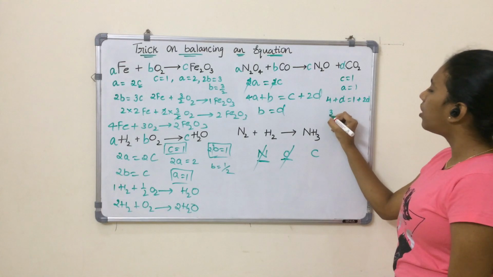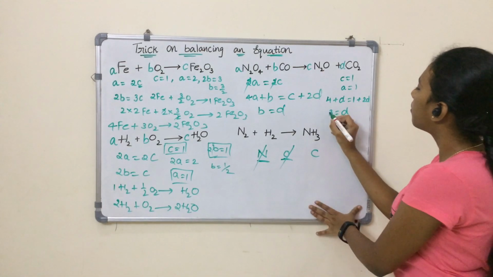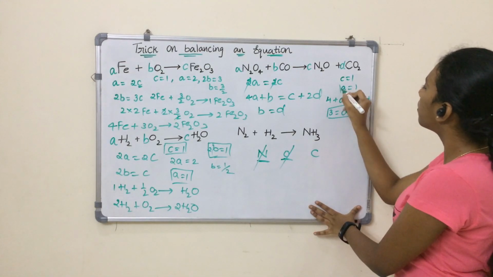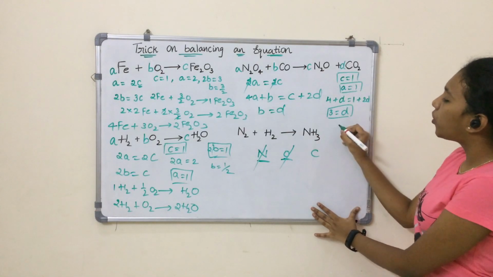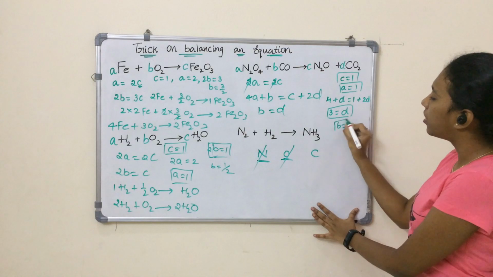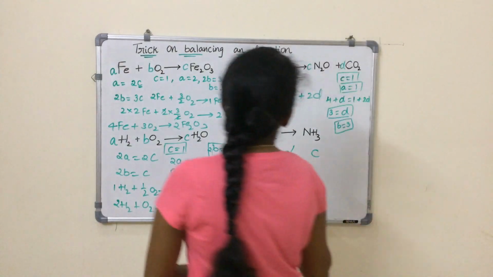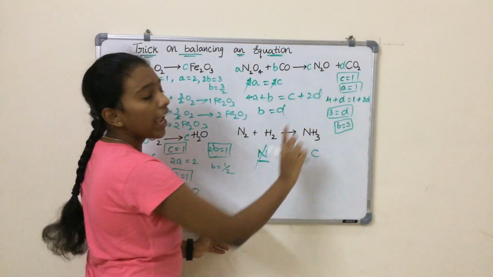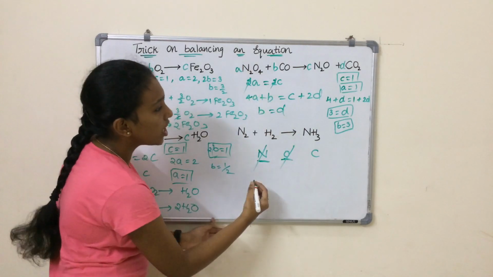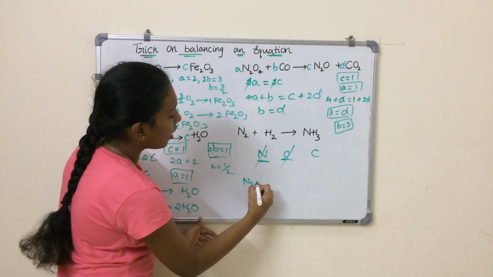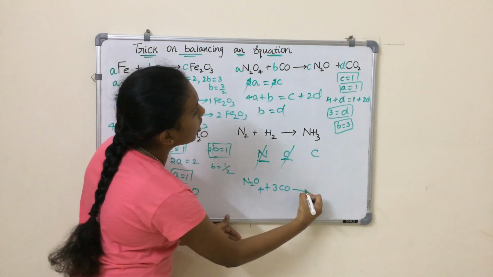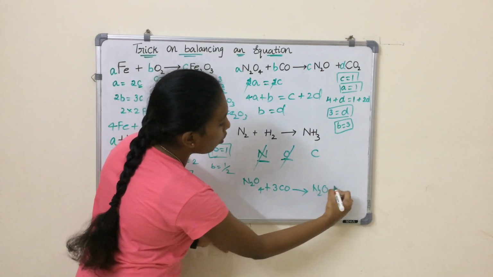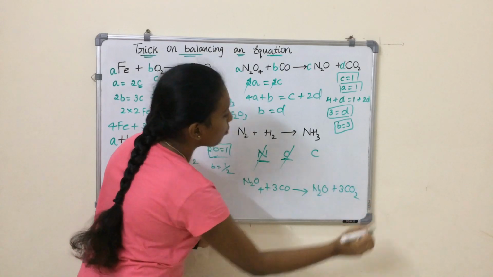Okay, 3 equal to D. As B equal to D, so B equal to 3. So substituting ABCD values in the above equation, we will get N2O4 plus 3CO gives you N2O plus 3CO2.